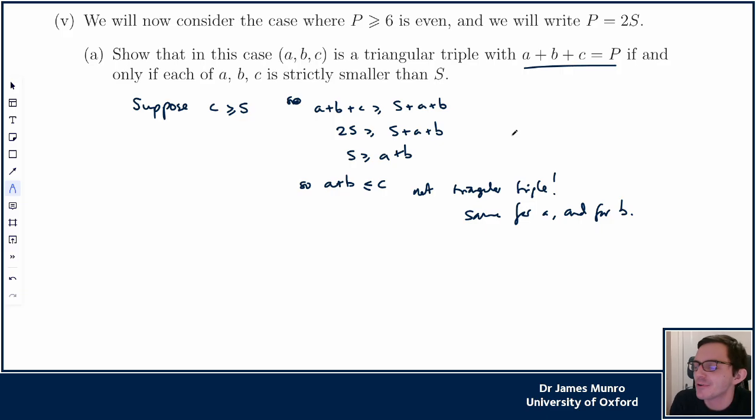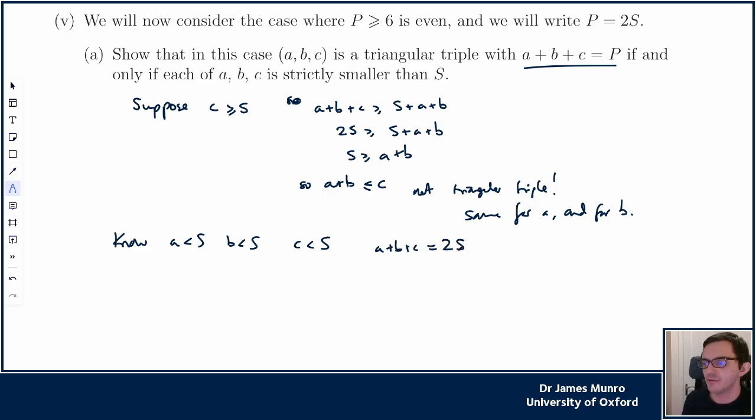If they're all strictly smaller than s, then this works. So now we know that a is strictly smaller than s, b is strictly smaller than s, c is strictly smaller than s, and we still know that a plus b plus c is equal to 2s.